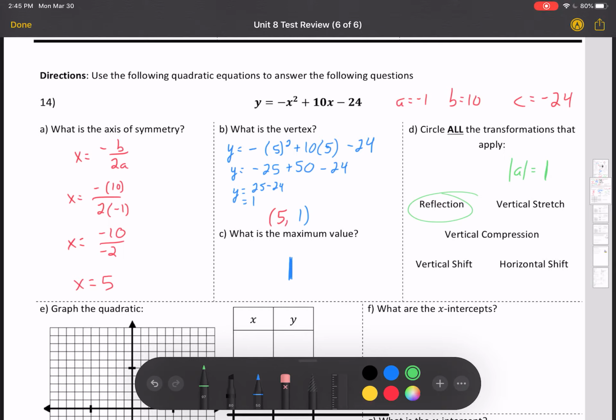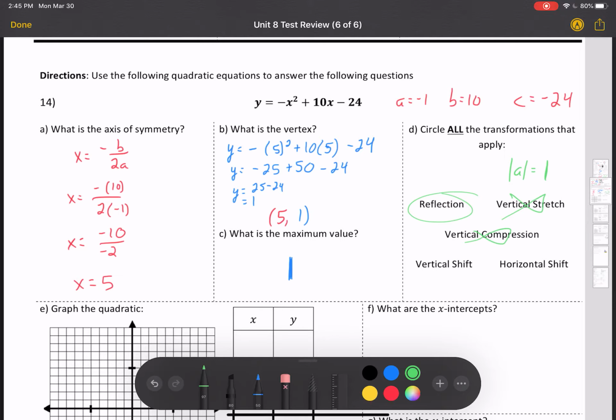That doesn't mean that we're stretching it or compressing it at all. So these are out. Okay? So the a value tells me whether it's a reflection, whether it's a vertical stretch, a vertical compression, or none of the above. Okay? So because the a value is negative, that's a reflection.